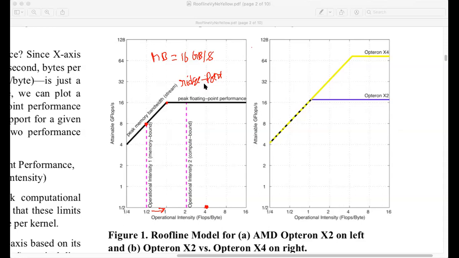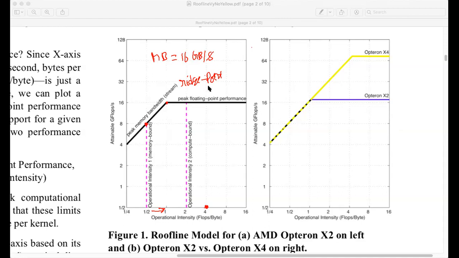If the peak floating point performance is 1 teraflops, then in order to hit that roof of 1 teraflops, how much should the operational intensity increase?